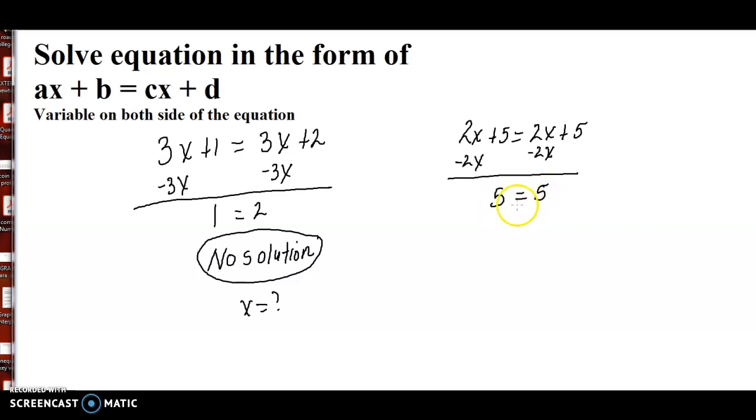You don't have to convince me that 5 equals 5. But what does that mean to this problem? First, you should notice that in both of them, there were no more x's in the problem to solve for. And 5 equals 5 means this, that the solution to this problem is all real numbers.